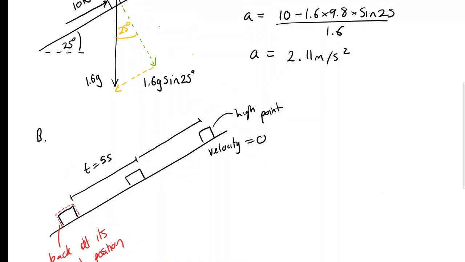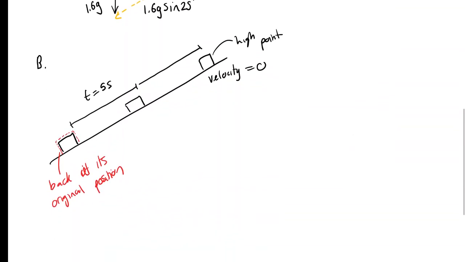Okay. Well, we know how long part of this takes. We know the first bit's 5 seconds. Then we'd like to know how long the second part is. And by the second part, I mean this, going from that position there to its high point and all the way back down. We're able to treat that with just one suvat. I'll call that the second part.